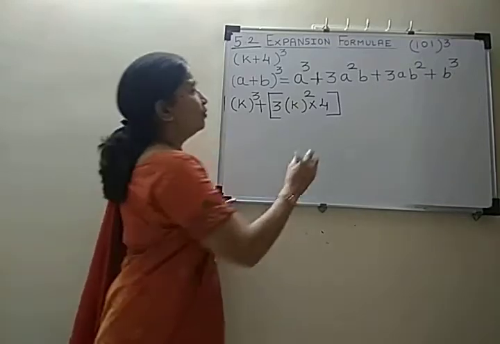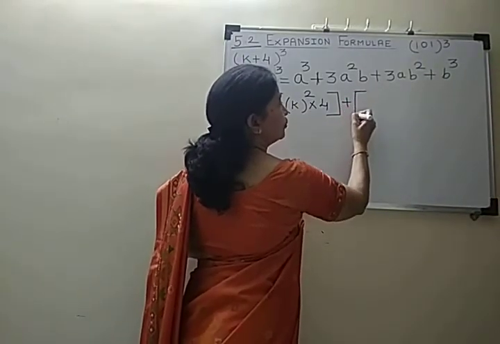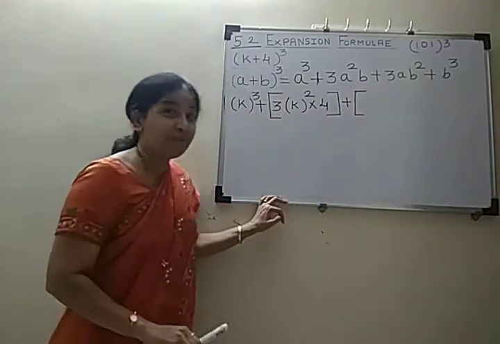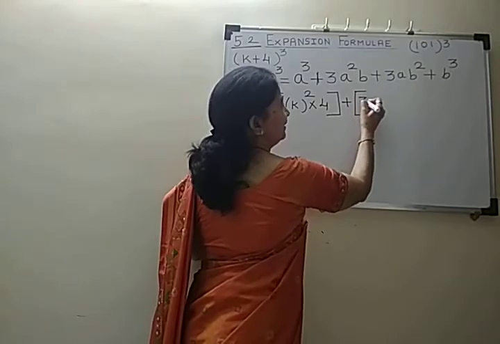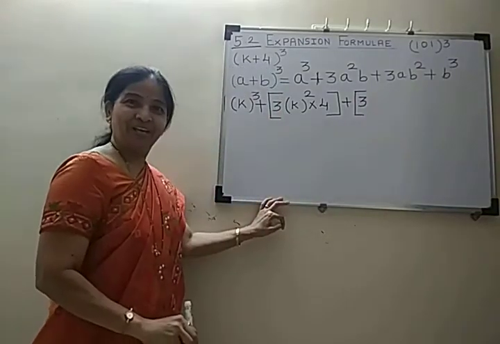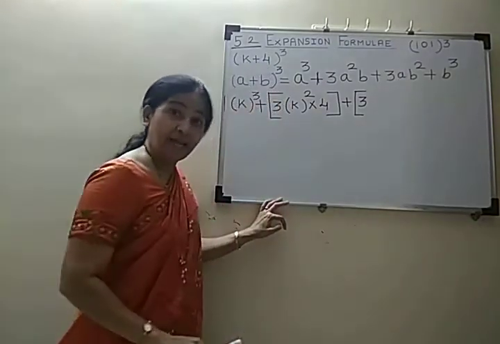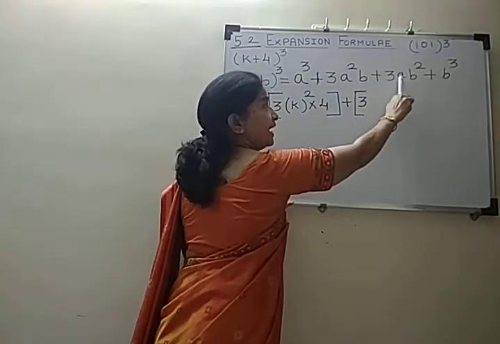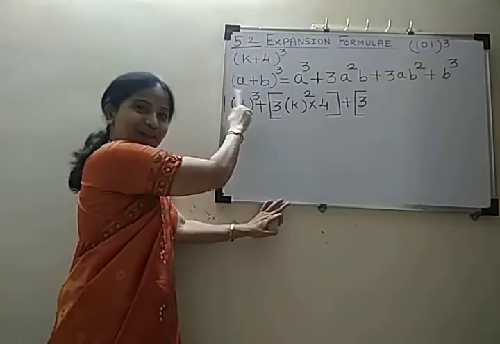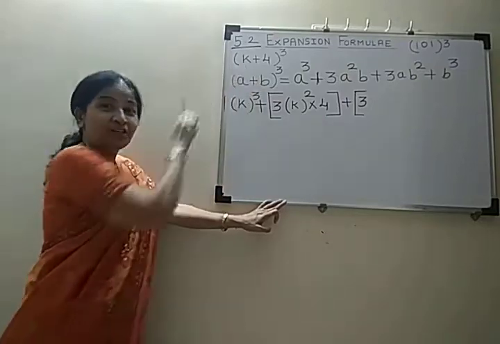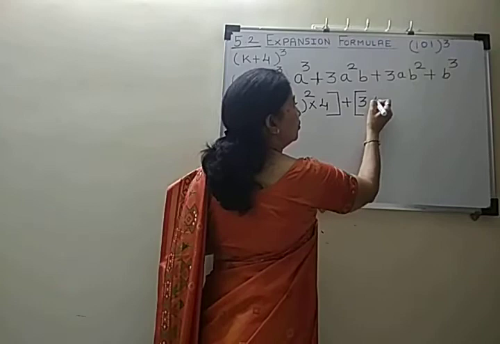Okay. Now, what about the third term? In the third term also, they have multiplied by 3. So, I will multiply by 3. Then they have taken a. Then they have multiplied by a. A means what? A means first term. So, what is our first term? That is k. So, into k.